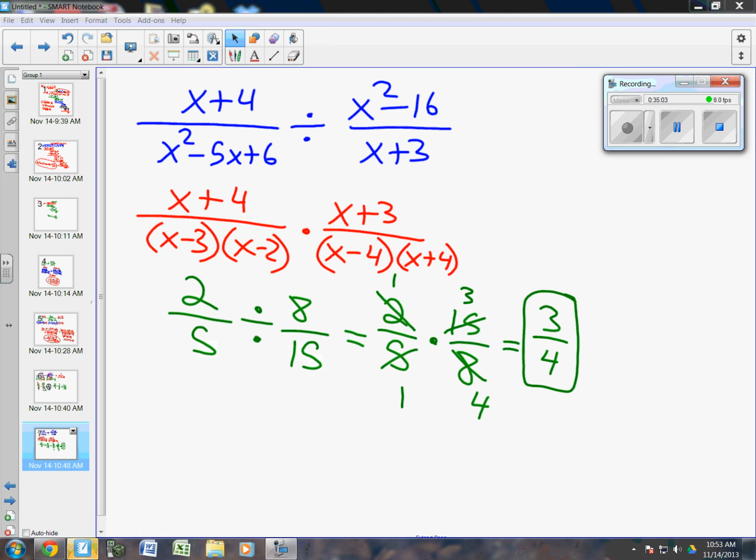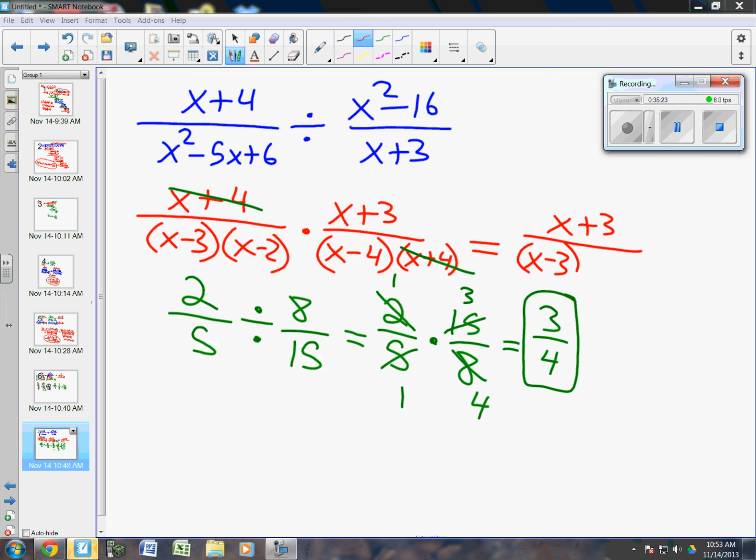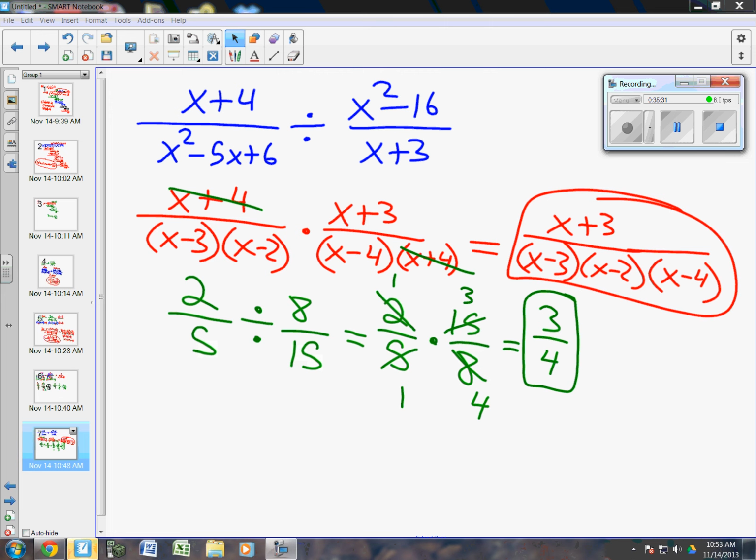And so the x plus 4's cancel out, but there's nothing else that cancels out. It's kind of a bummer on this one. So we have x plus 3 on the top, and on the bottom, we're going to have x minus 3 times x minus 2 times x minus 4, and for the sake of time, we're not going to multiply them together. And that would be our answer.